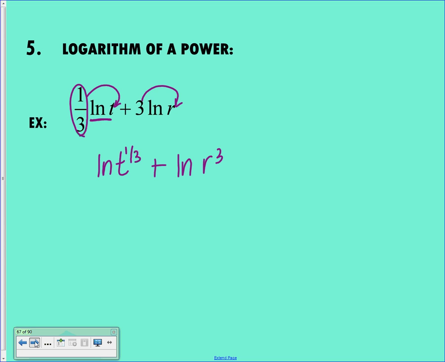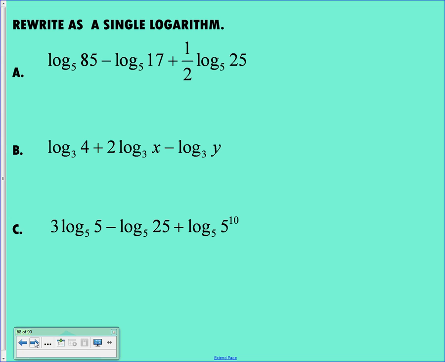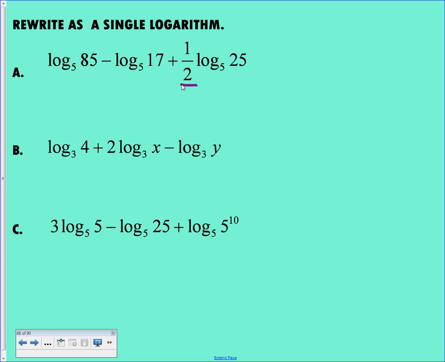So let's try a few of these. We want to put these together as one single logarithm. In example A, they're all log base 5, so I can use these properties. The very first thing you're going to look for is whether there are any coefficients. This 1/2 is a coefficient, so I have to move it first, and it goes to the back of the one it's attached to as a power.